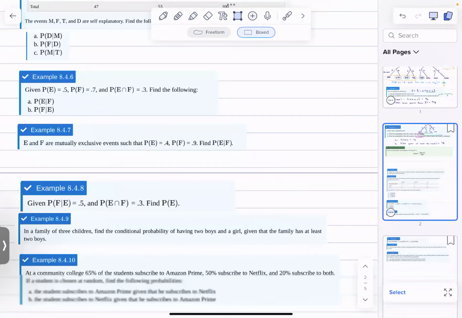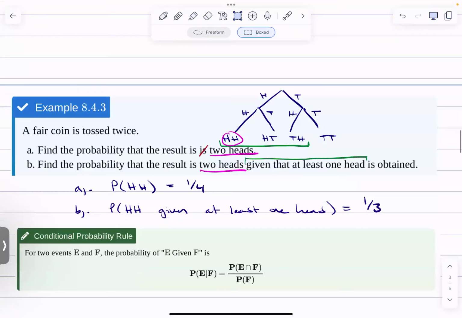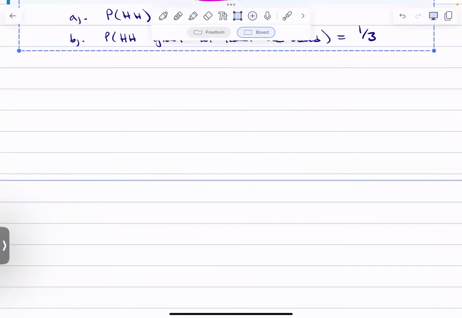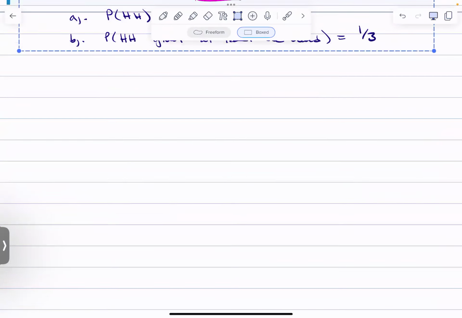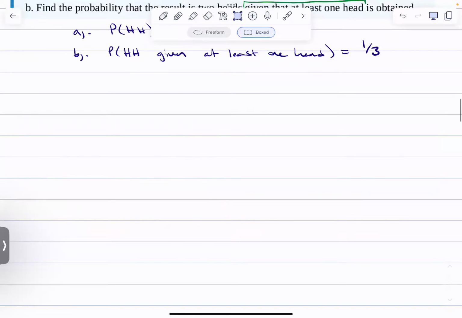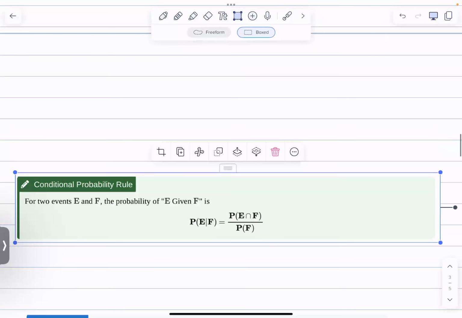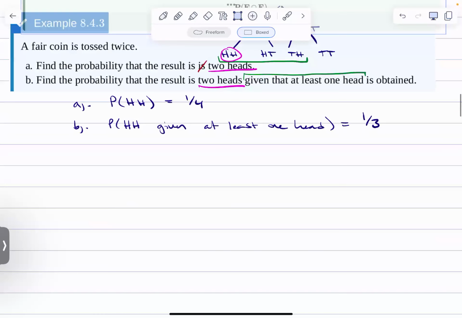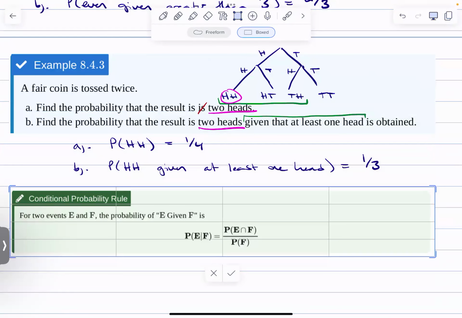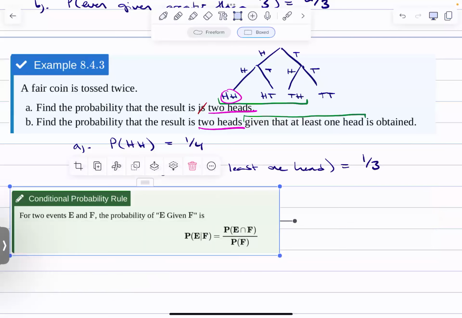Fine, I'll do it the other way. Add a page here and bump this up to the top. Hopefully it behaves. Phew. And let me crop this so I can make it bigger.